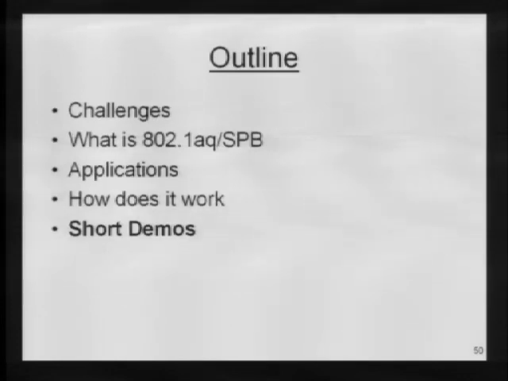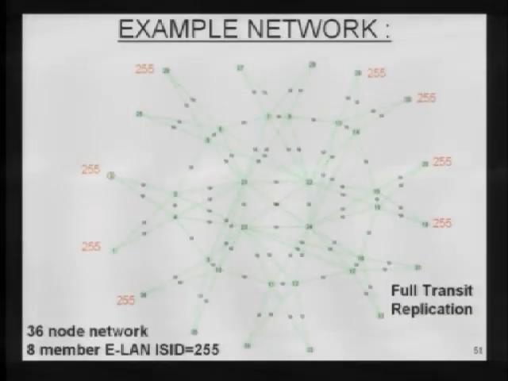Okay, so what we'll try and do now is go through a couple of short demos. I have in my lab in Ottawa a 36-node network like this, where these are actually 4 real nodes, and the rest of it is an emulated network.